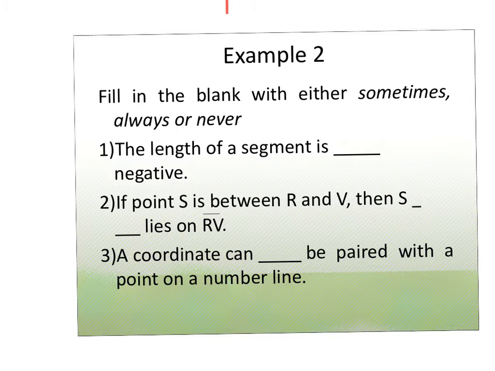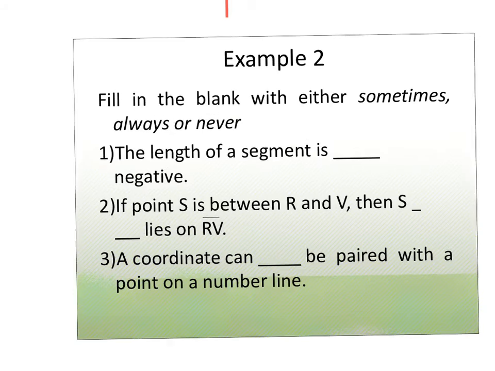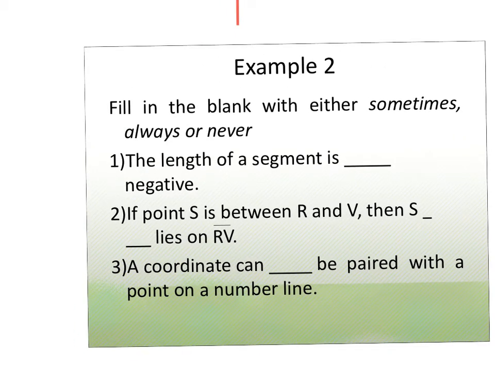So, number one, the length of a segment is negative. Never. Okay, distance is never a negative number. So if I'm measuring something, I'm not going to say the length of that wall is negative 100 feet. The length is never, ever going to be negative.